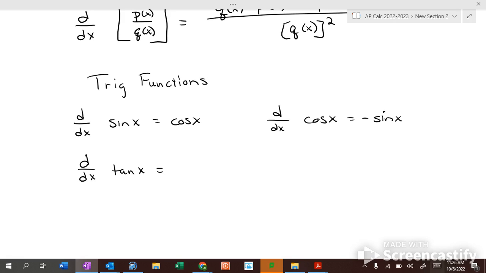That's going to be secant squared of x. In a little bit, I'll show you why it'll be secant squared of x. But this is just for writing purposes. Now you're getting it written down. So the first derivative of tangent x is secant squared of x.